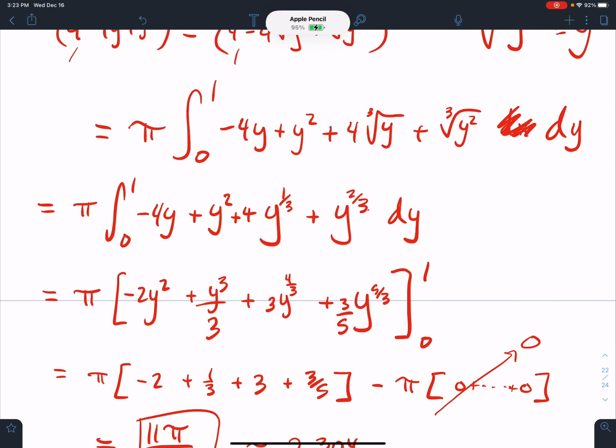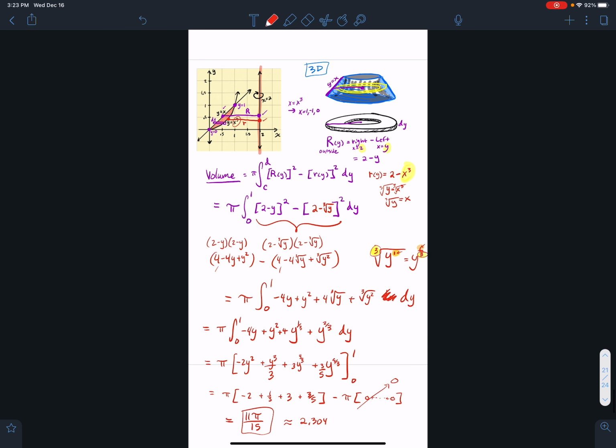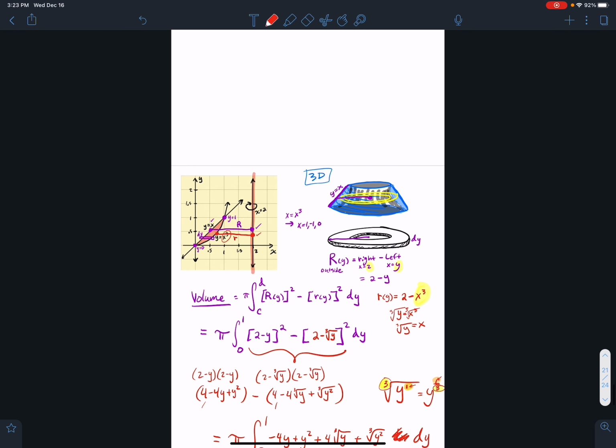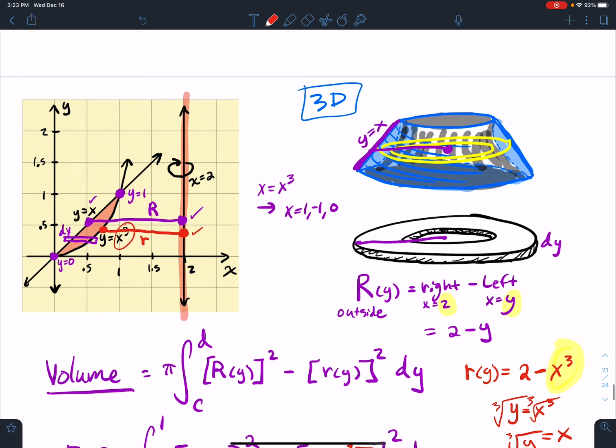So hopefully this video helps you understand better how to do the disk and washer method. The disk method is just applied twice to get the washer method.